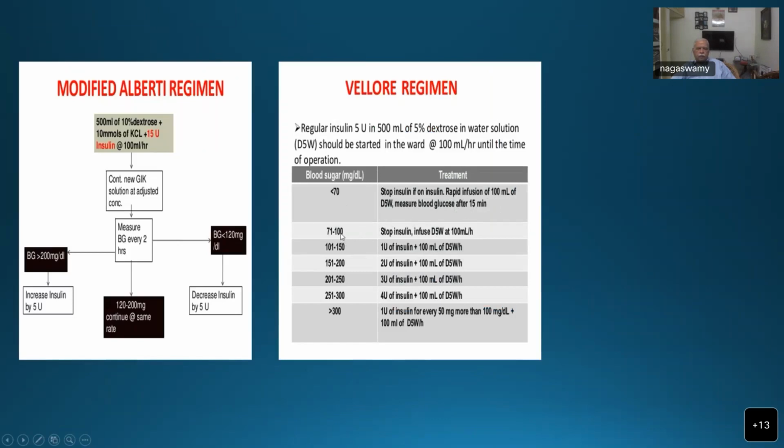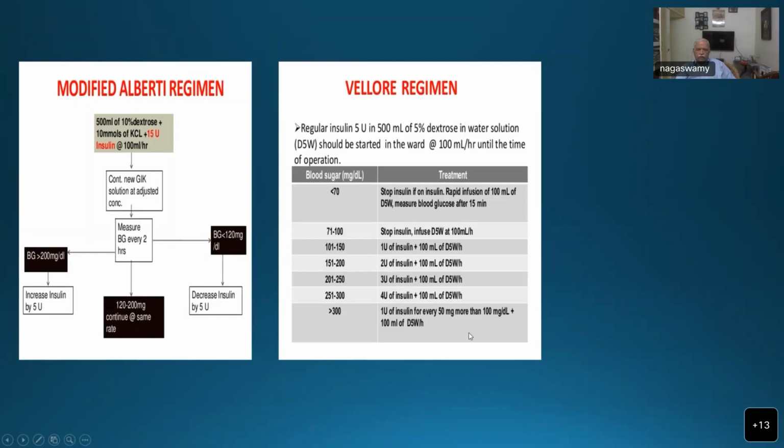If the blood sugar in the morning before surgery, mainly for elective procedures, is 71 to 100, stop insulin and infuse dextrose 100 ml per hour. 101 to 150, 1 unit of insulin added to 100 ml of 5% dextrose. 150 to 200, you increase the insulin to 2, like that, 3, 4, and so on.